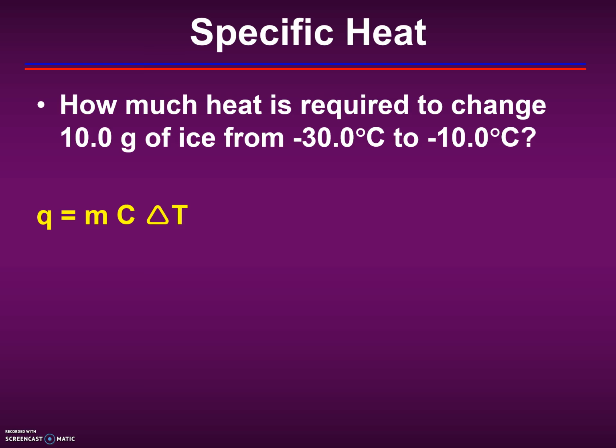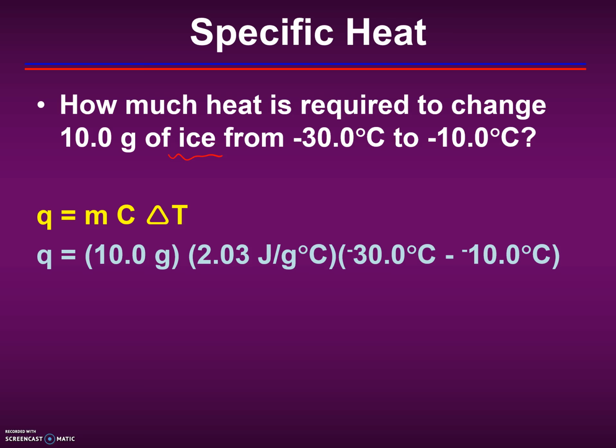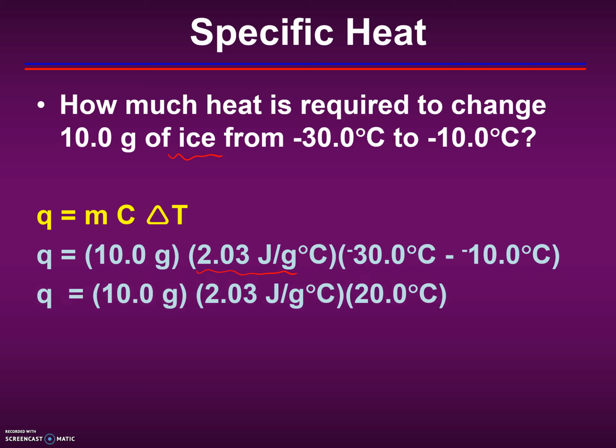Again, we have our same equation, but notice that this time we're using ice. And so we fill in that 10 grams, we fill in our new constant for ice, which is 2.03, and then we do our change in temperature, okay? And it is the absolute value of the change in temperature. We're not going to have a negative. You're just looking for the absolute difference between the two numbers.